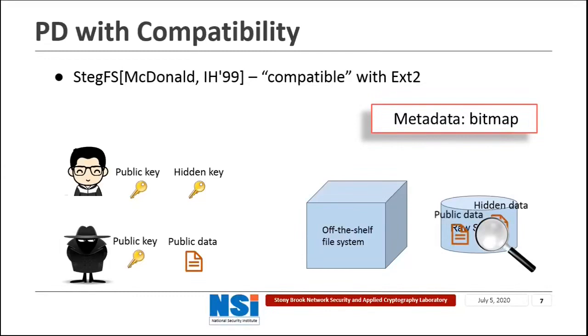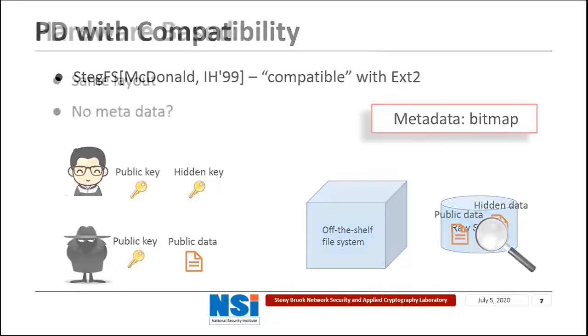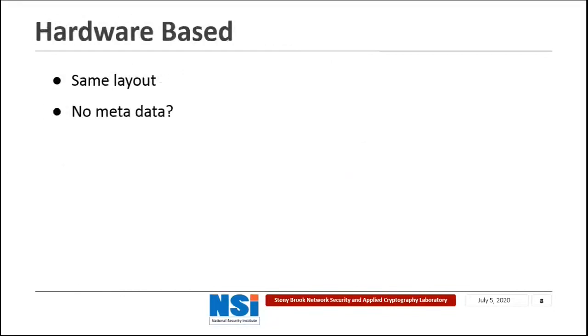The existence of this bitmap will reveal to adversaries that the user is using StackFS rather than ext2. As we mentioned before, a PD scheme with compatibility should have the same layout as another off-the-shelf storage scheme, which means that no metadata is allowed to be stored in the storage device for the hidden data.